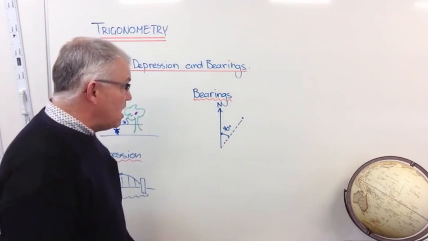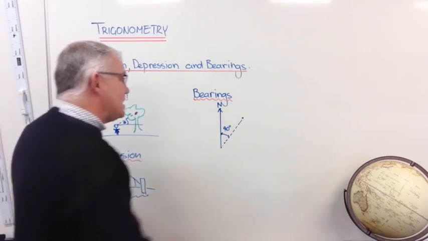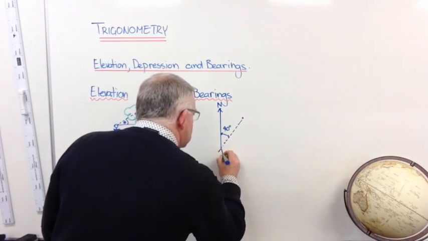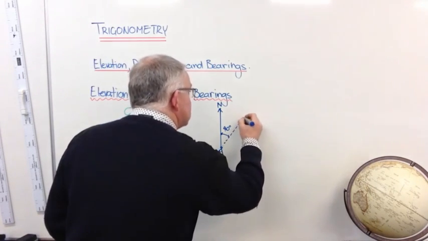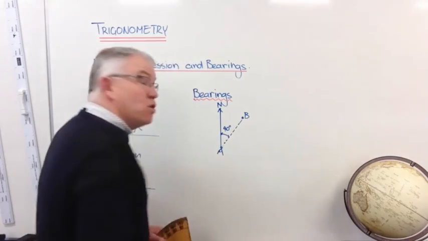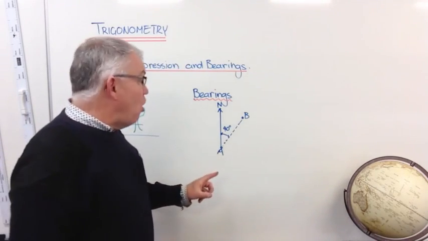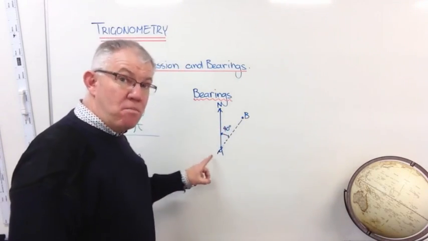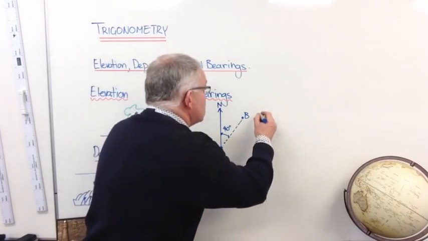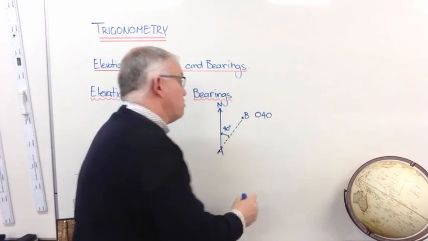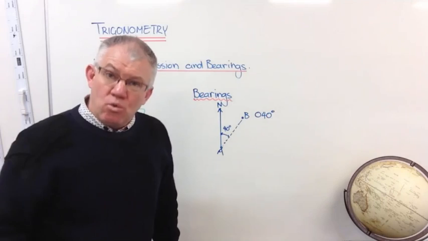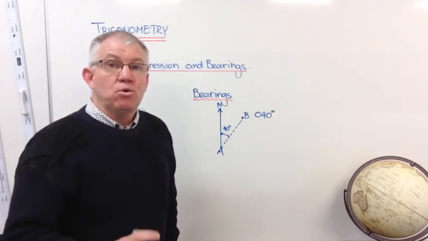But actually, with bearings, we say that this is point A and this is point B. We say the bearing of B from A is 0, 4, 0 degrees. Always three figures, 0, 4, 0.